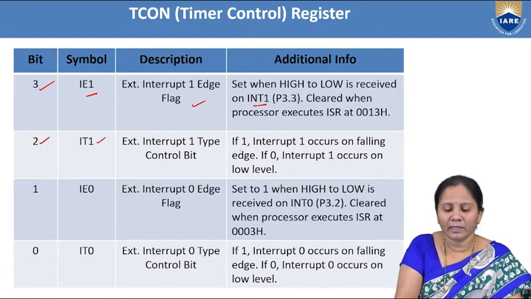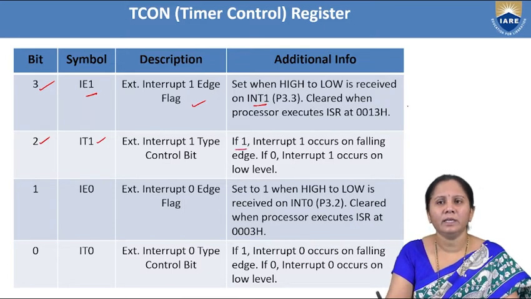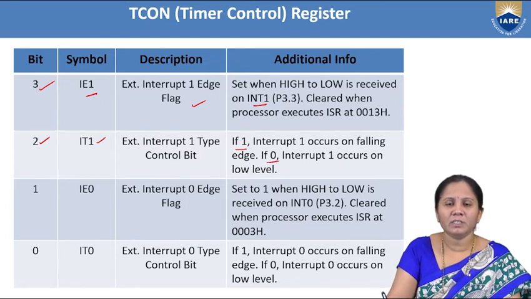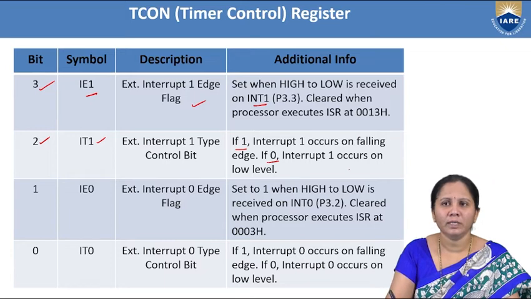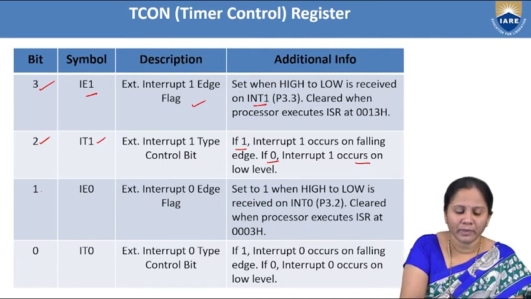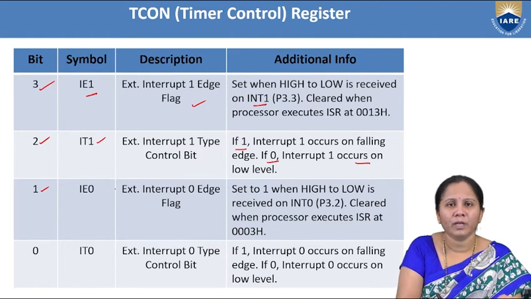If this IT1 bit is 1, interrupt 1 occurs on the falling edge. In the other case, it may be 0. When it is 0, interrupt 1 occurs on the low level.